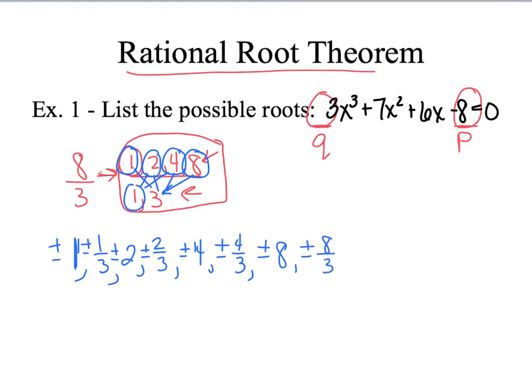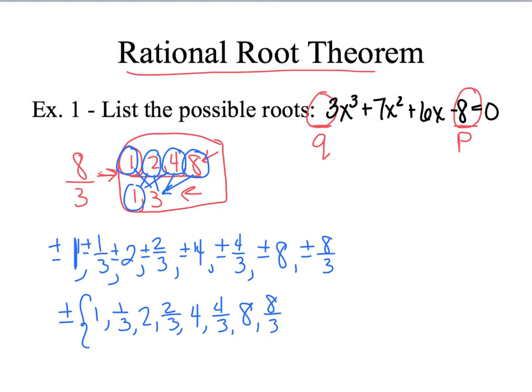One way to rewrite this list, instead of writing plus or minus this number of times, is to write it plus or minus and use a brace: 1, 1/3, 2, 2/3, 4, 4/3, 8, and then 8/3.